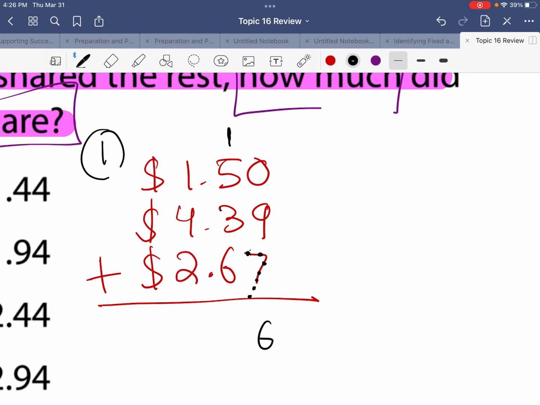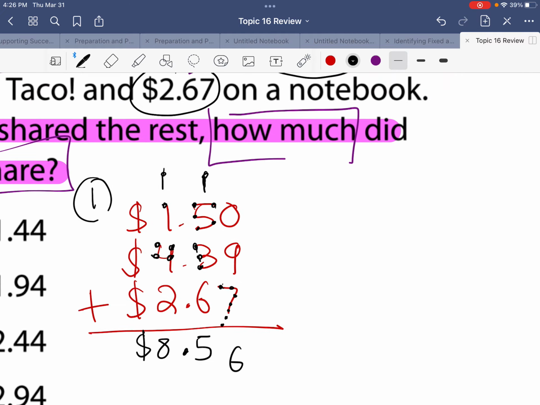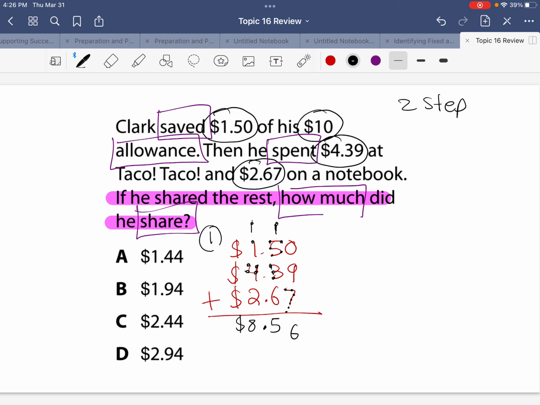I have 6, 7, 8, 9, 10, 11, 12, 13, 14, 15. Bring up my 1, bring down my 5, decimal point, and I have 2, 3, 4, 5, 6, 7, 8. So I have $8.56. I added what he saved, which was the $1.50, and I added what he spent.